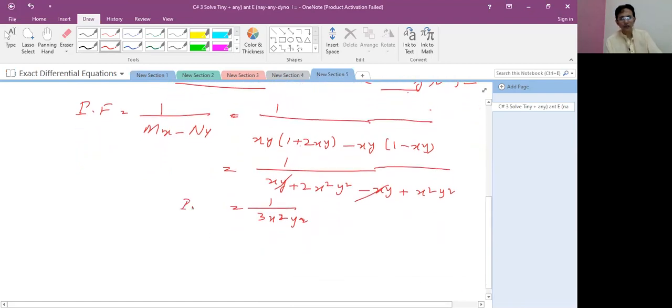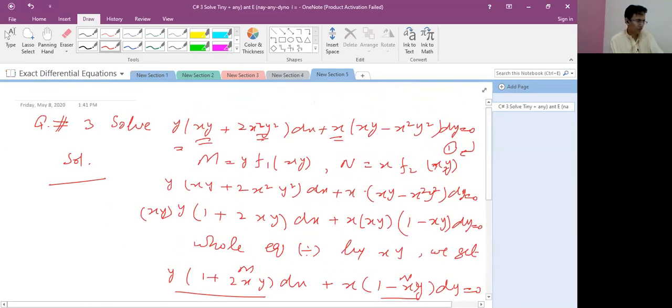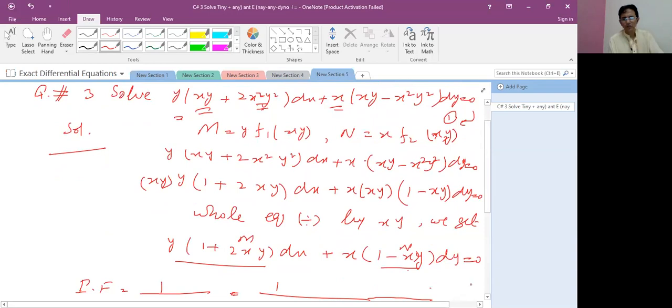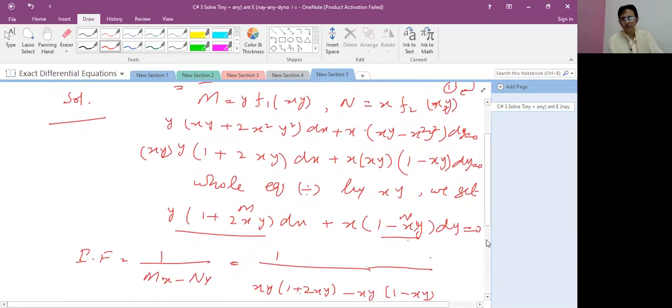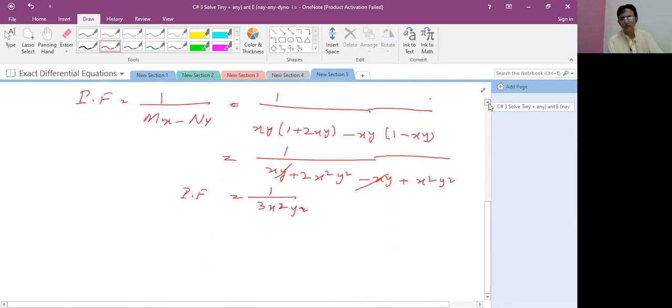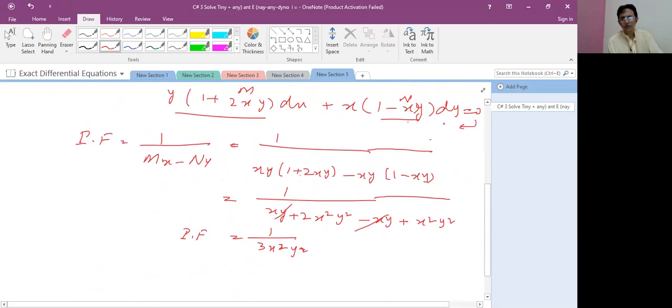So after finding the integrating factor, we will integrate. So first we write the name of the equation, equation number 1, for example.